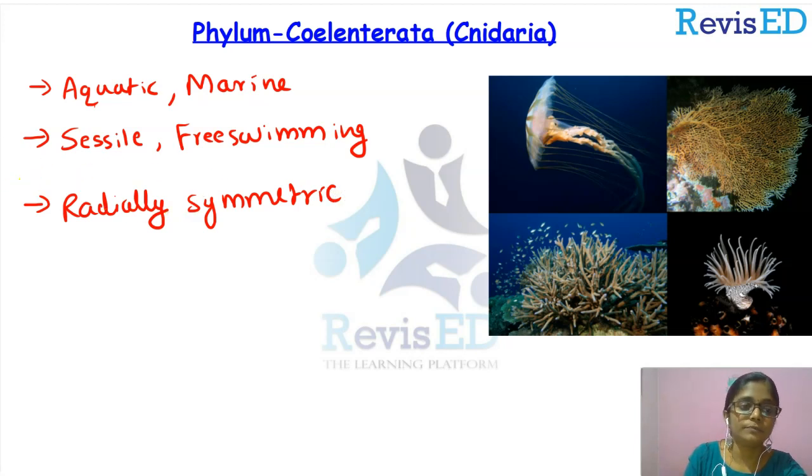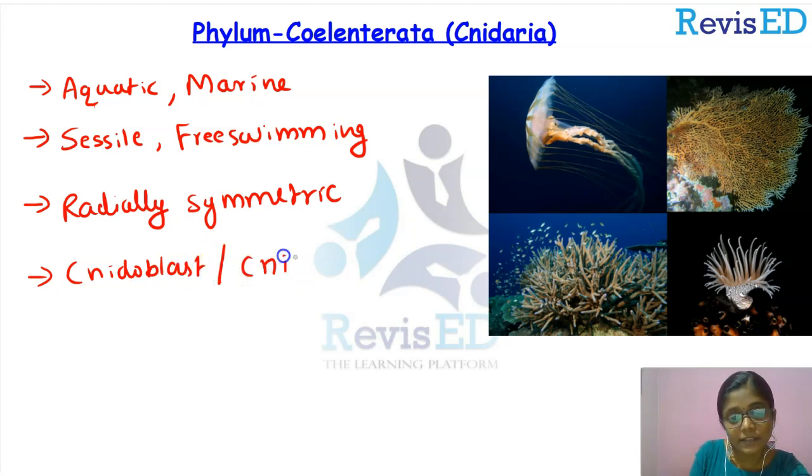Now, another important point is, I asked you about how this name came, right? Yeah, the reason behind this name Cnidaria is the presence of some special cells called cnidoblast cells, or they are also known as cnidocytes.